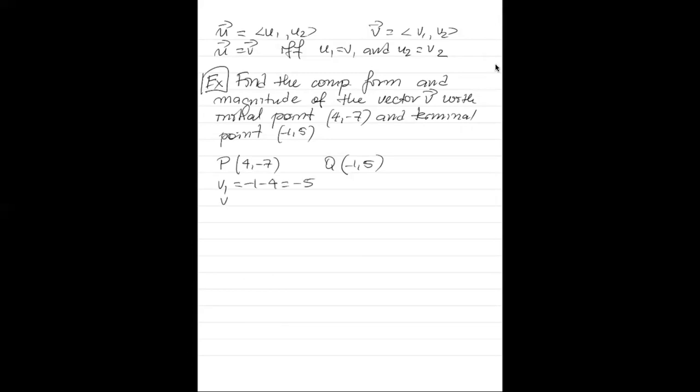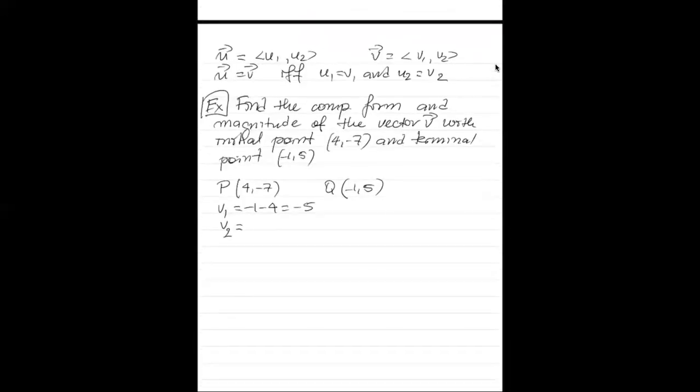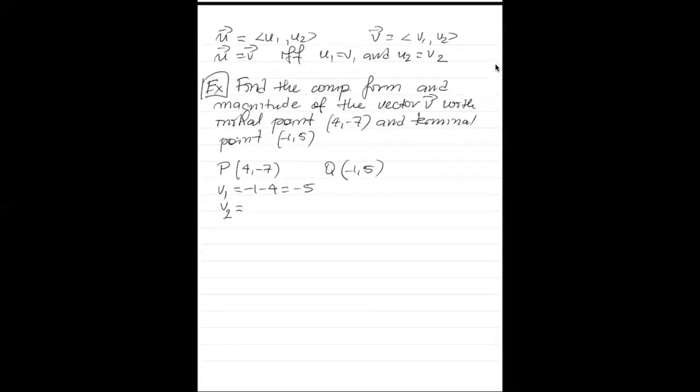And v2, the second component, is right here, Q2 minus P2, so 5 minus negative 7, which is 12. So our vector v has components negative 5, 12.